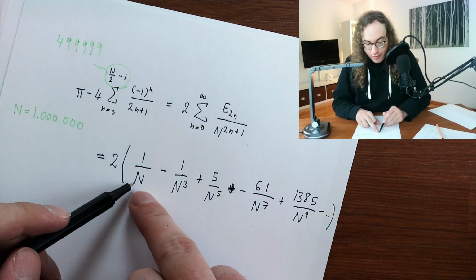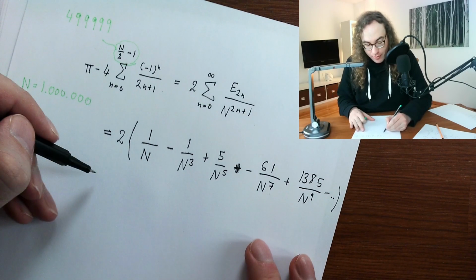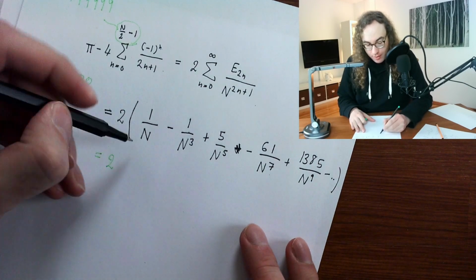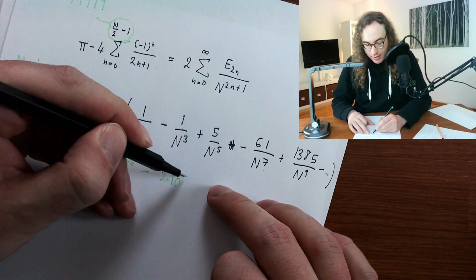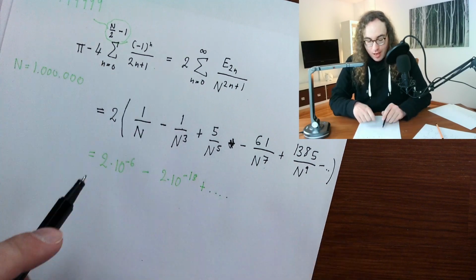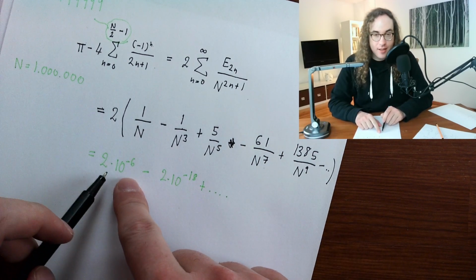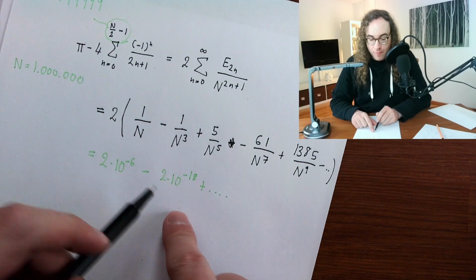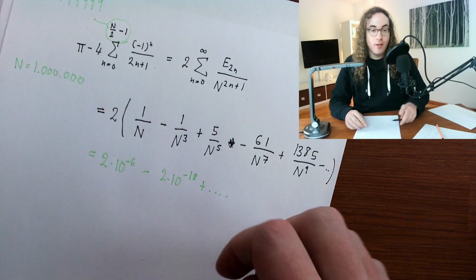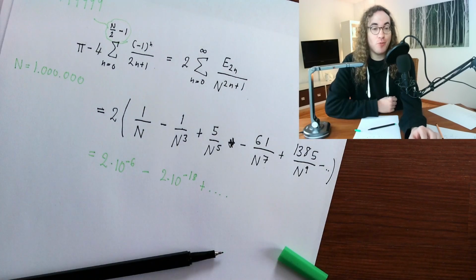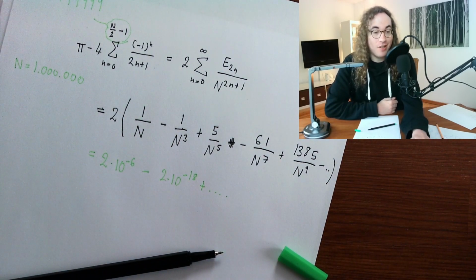But then I have really nice denominators, namely 10 to the 6th. So I get 2 times 10 to the minus 6, minus 2 times 10 to the minus 18th, and so forth. I predict that the 6th digit will be incorrect by 2, and then the 18th digit will be incorrect by 2, but in the opposite direction. And the good thing is we still have our computer program, so we can check whether that's actually correct.